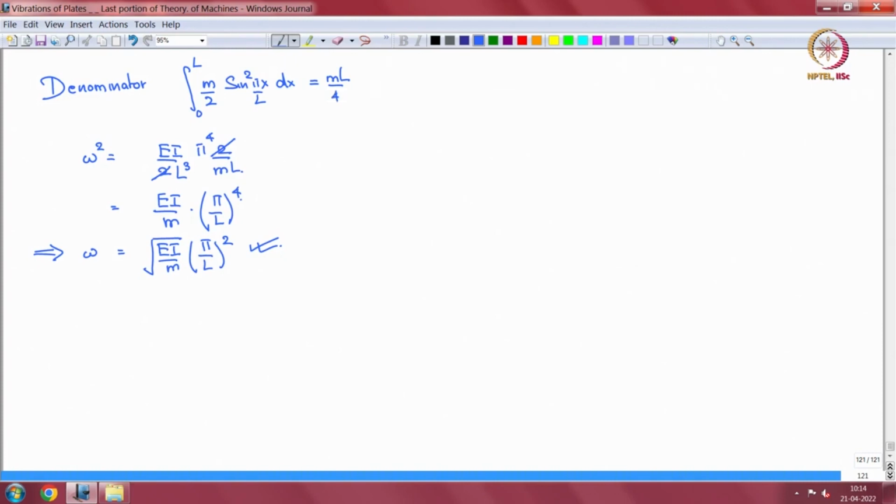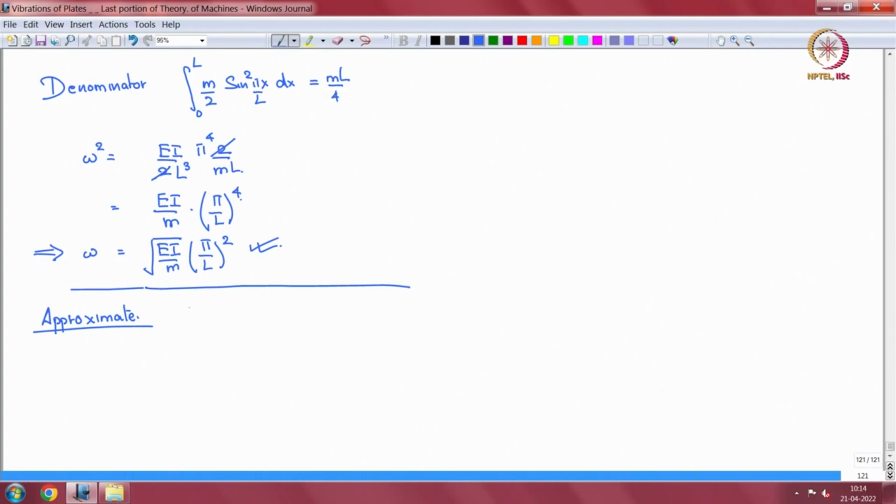Now if we don't substitute the exact mode shape, suppose, mostly you will not know the mode shape of a structure, but you know the geometric boundary conditions.